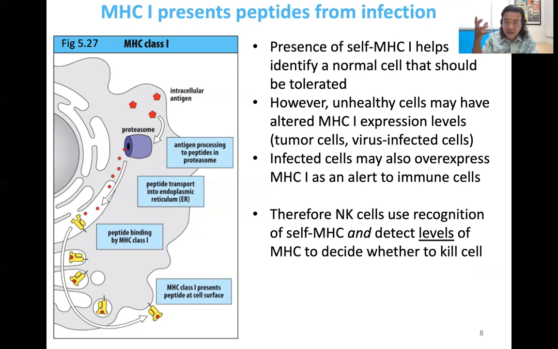They can easily pick up on pathogens that are floating around, right, in the fluids of your body, like the blood or in between cells in your tissues, but they can't look into one of your body's cells and actually see what's going on inside of it. Right? That's why it's up to the cells of your body to constantly be presenting small little peptides on MHC platforms on their surface as a way to advertise what's going on inside of them.